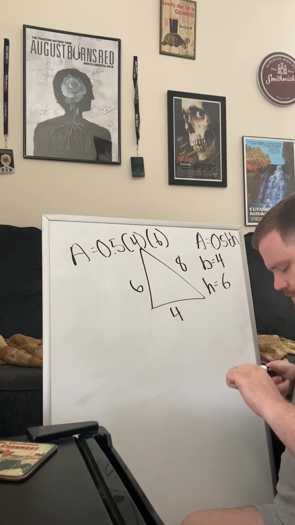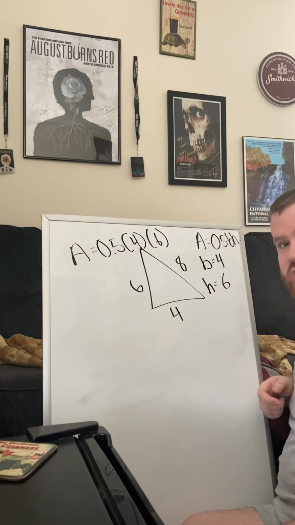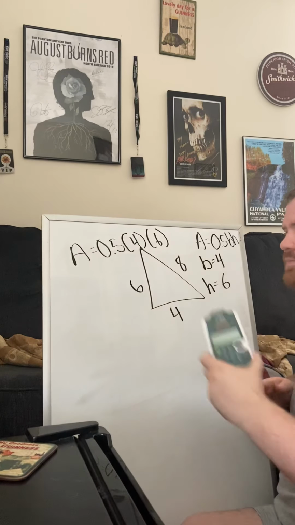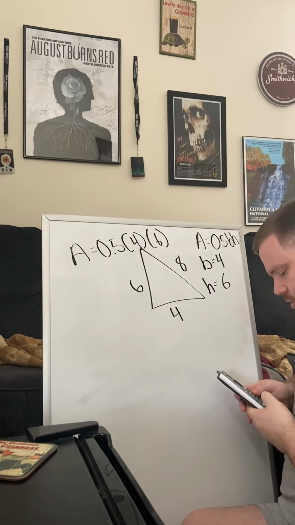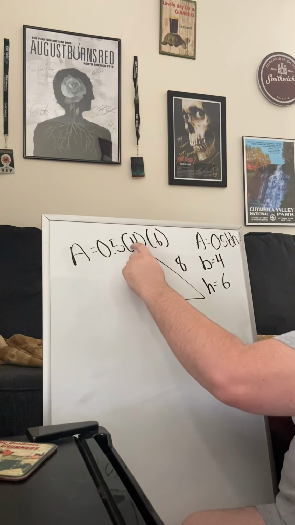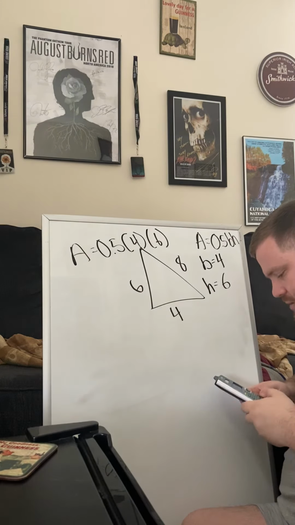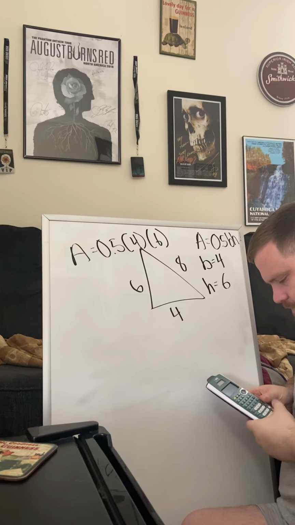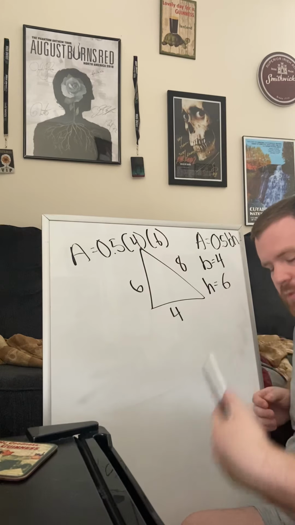So, using your calculator or your phone, all right, this is the GED standard calculator right here, I'm going to do 0.5 times 4 times 6, which is 12, okay?